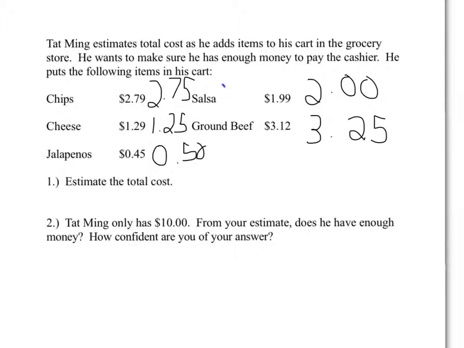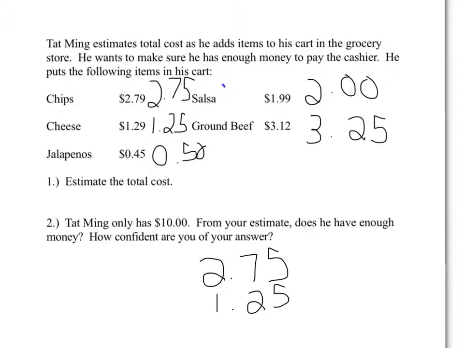If you were to add up the benchmarks, you could start by adding up 2.75 and 1.25. Pause and add up 2.75 and 1.25. If you would like to check, take a look at a demonstration.